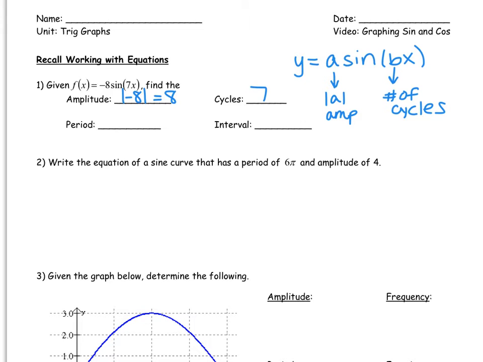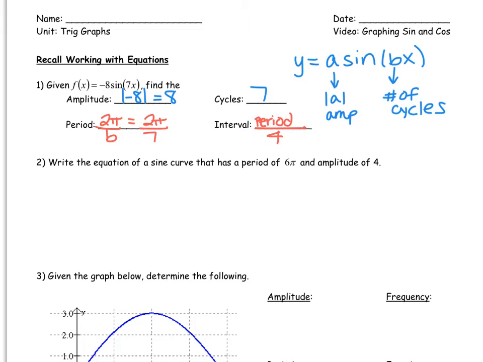And recall the formula for period is equal to 2 pi over b, where b is the number of cycles, so 2 pi over 7. And remember, interval is what we count by, and it's defined by period over 4.